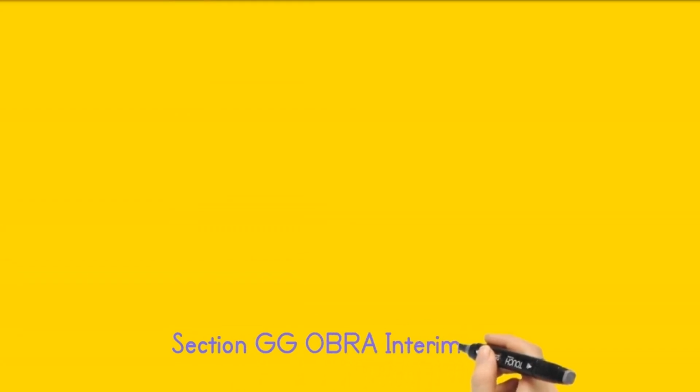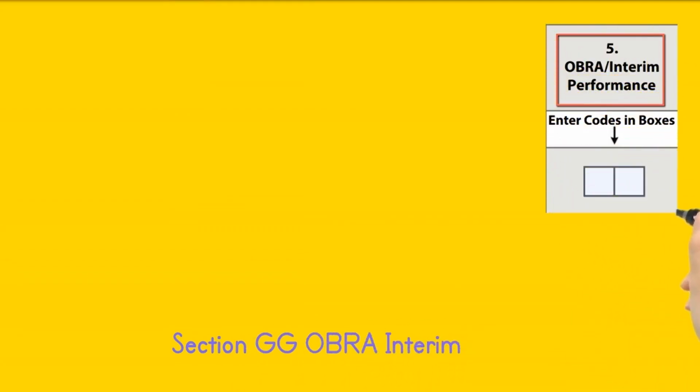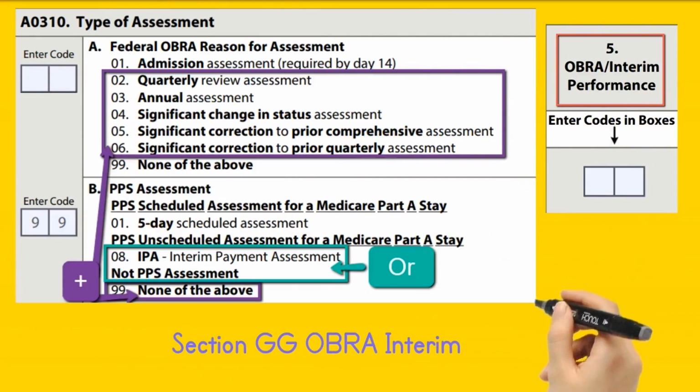The final topic being introduced now is Section GG Functional Abilities and Goals OBRA Interim, located on page 25 of the Nursing Home Comprehensive Form. For Section GG0130 Self-Care and GG0170 Mobility, the assessment period is the ARD plus 2 previous calendar days.